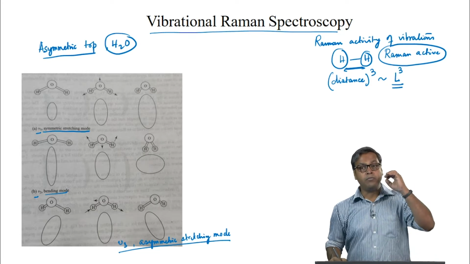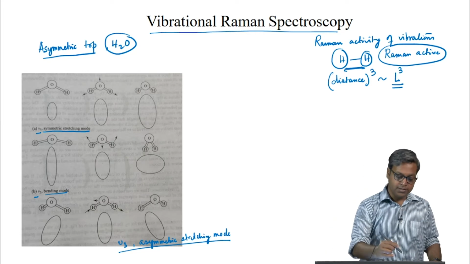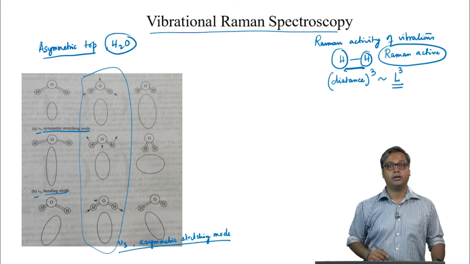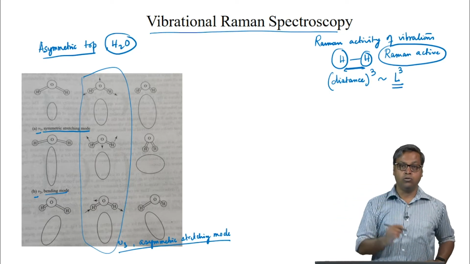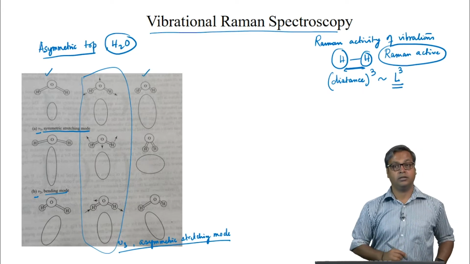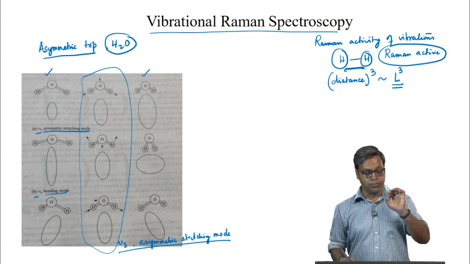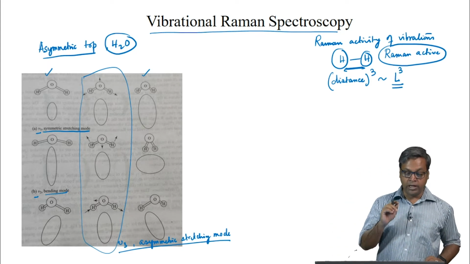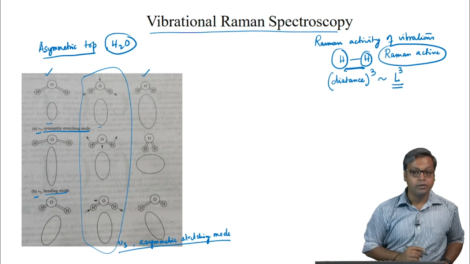The equilibrium configuration for all these modes is at the center, and the extreme positions are shown either on the left or on the right, and the shapes of the polarizability ellipsoid for each conformation of each mode are shown in this figure.